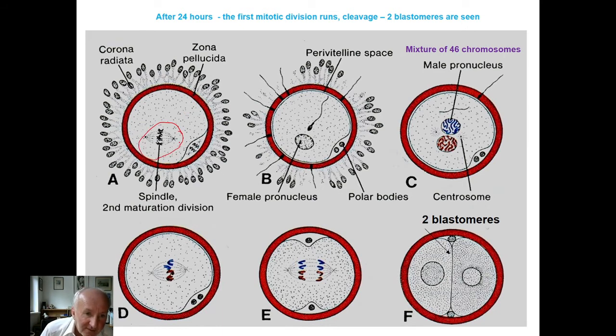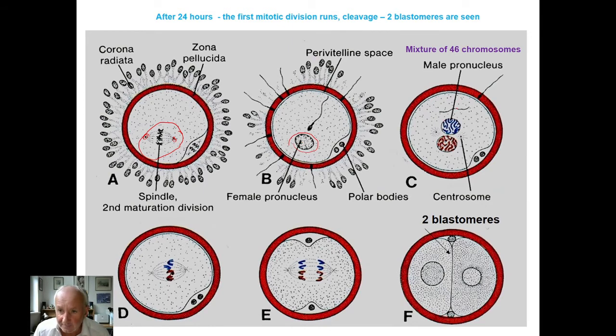Also dividing the first polar body, okay. The contents are inside. After the second meiotic division, the first nucleus is seen.